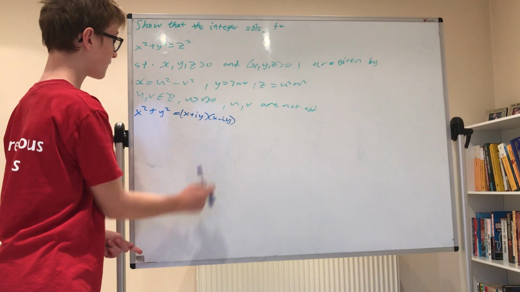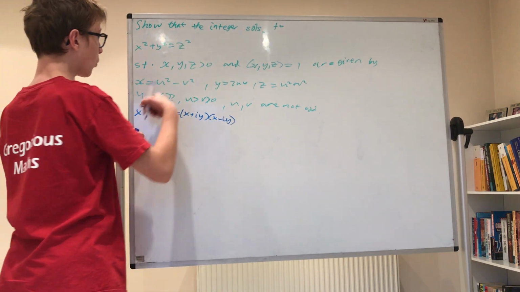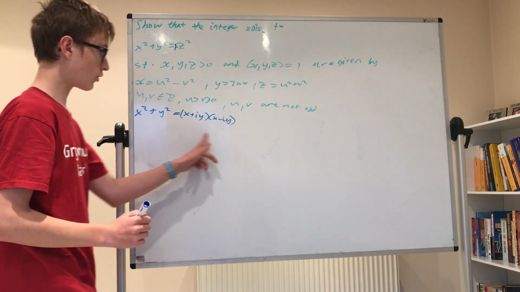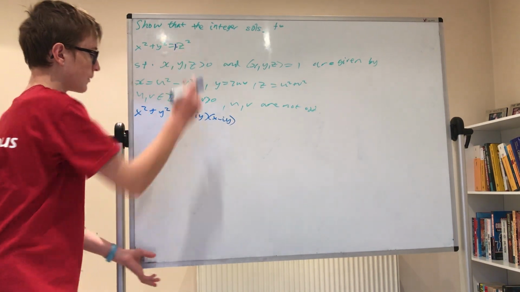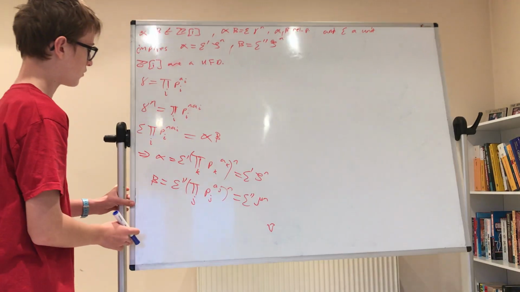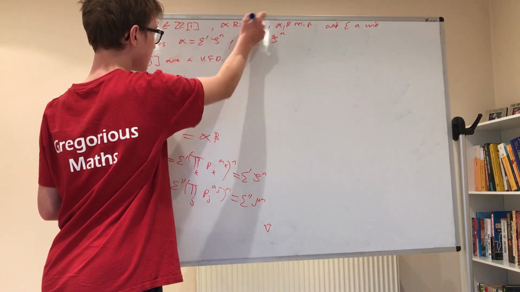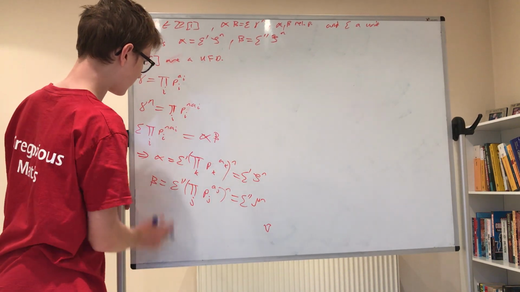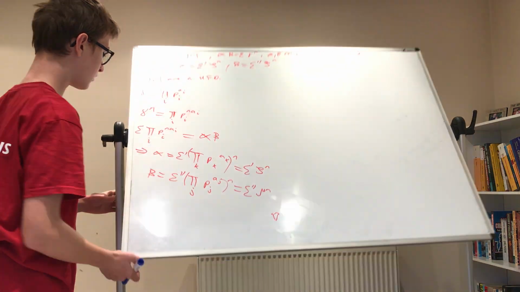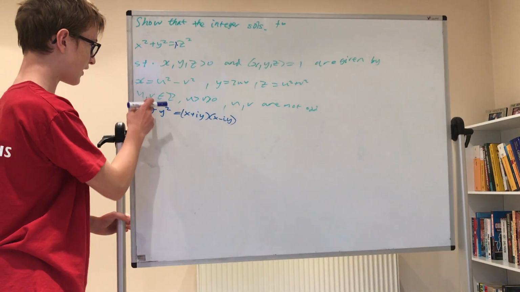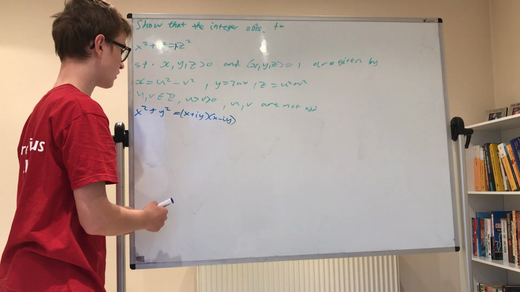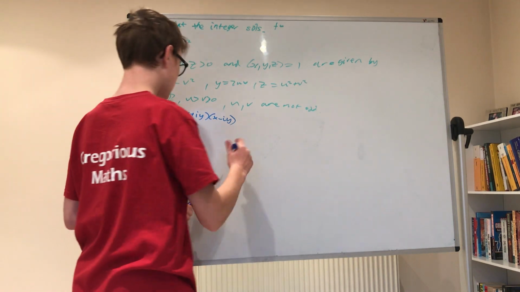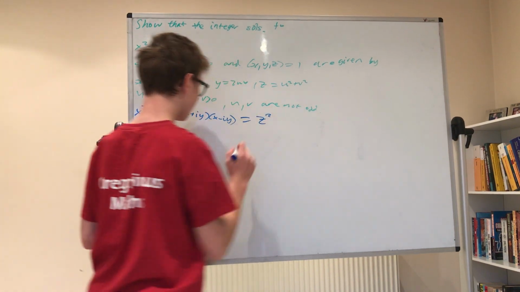And then right here we have 1 times z squared. 1 is a unit. And so we have a product of co-prime things, and then a unit times z squared. Well, we just plug n in here, and then we're going to have this product here in the unit. So therefore we have x plus iy, and this is equal to z squared.